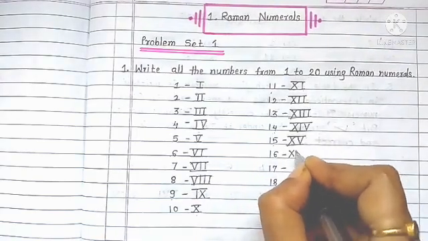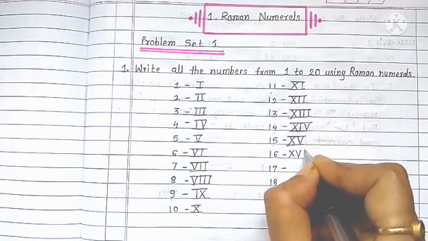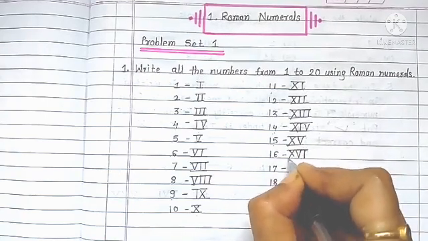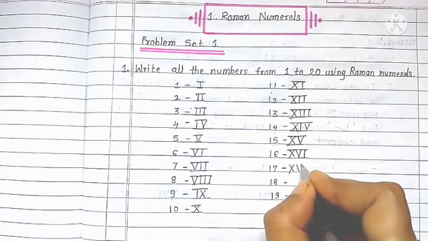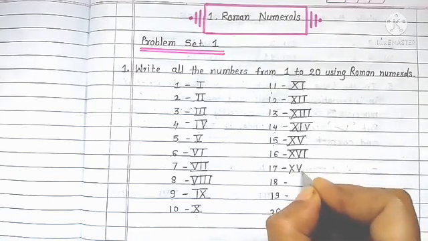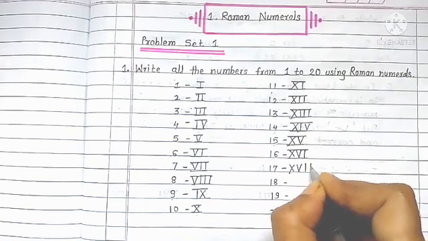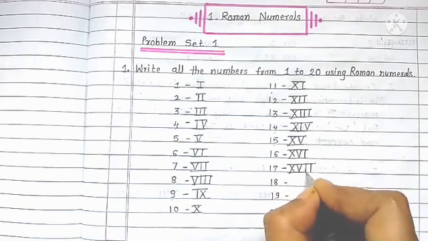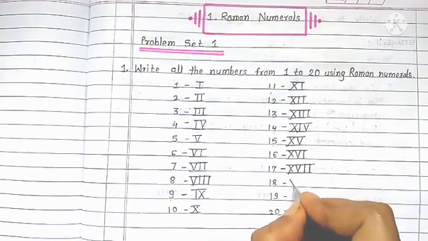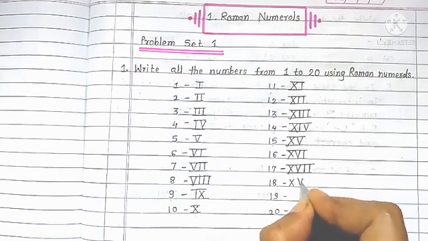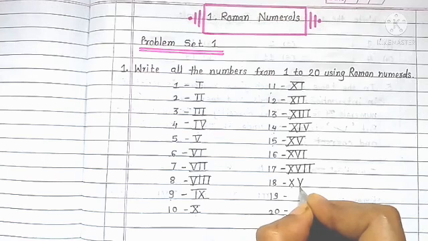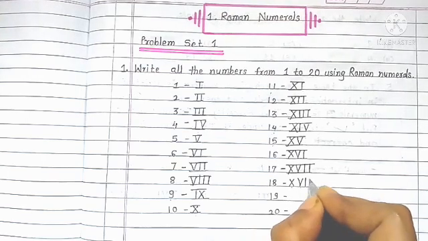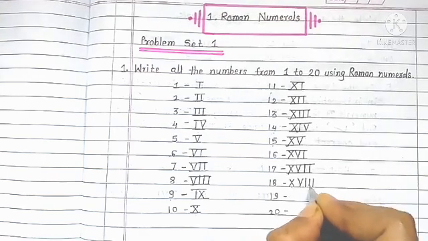Now XV, 15, plus 1 I means 16. Then XV means 15, then 16 and 17. For 18, X means 10, V means 5, that is 15, then you get 16, 17 and 18.